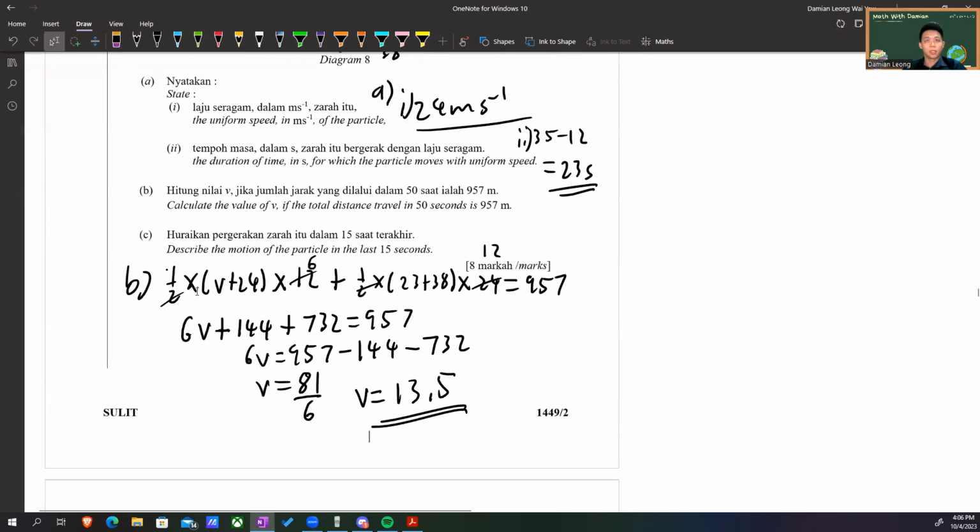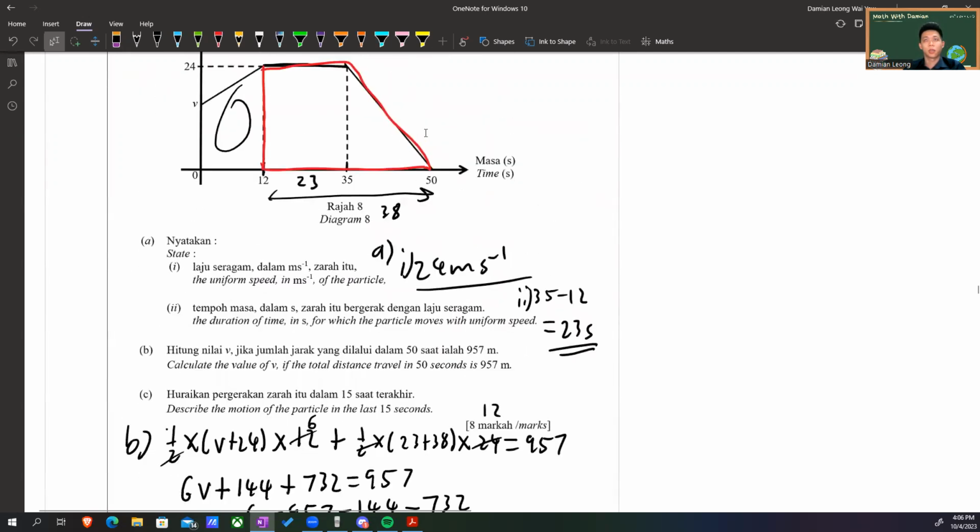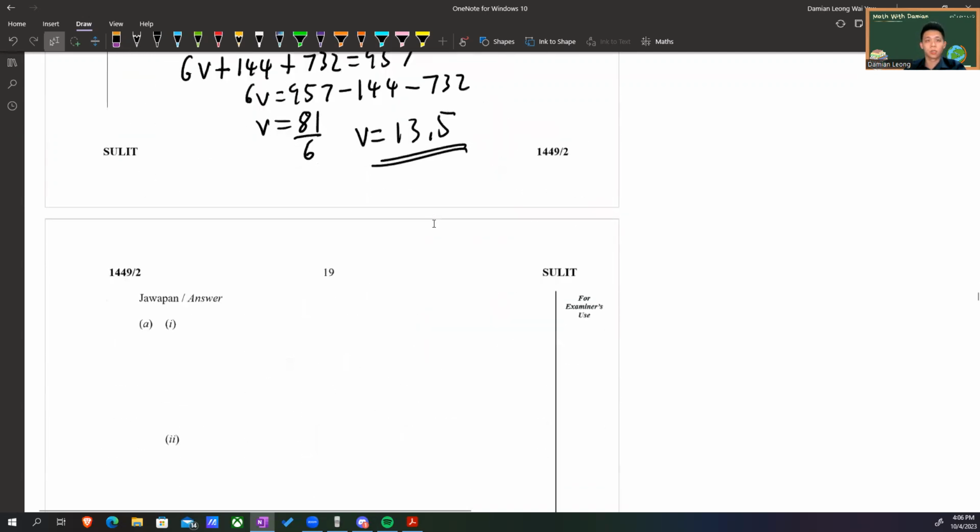Part C, describe the motion of the particle in the last 15 seconds. The last 15 seconds means from 35 to 50 seconds. So I should be using the deceleration, how much it decelerates.